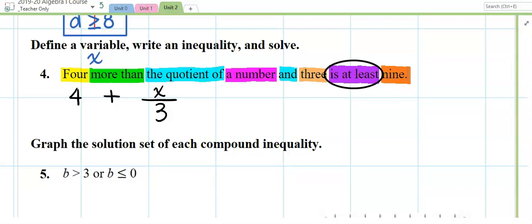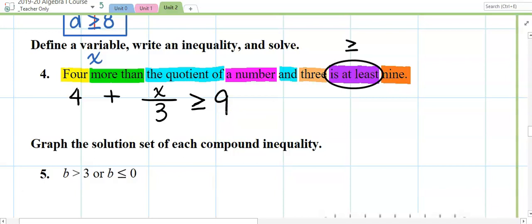Yes. Could I have more than $9? Absolutely. Could I have $7? No. So I have at least 9. That means I have 9 or more. So we're going to write greater than or equal to. That's the symbol we're going to use whenever we see the words is at least 9.